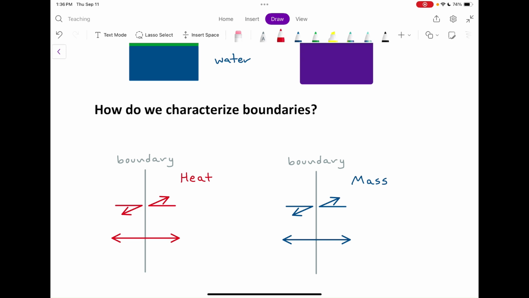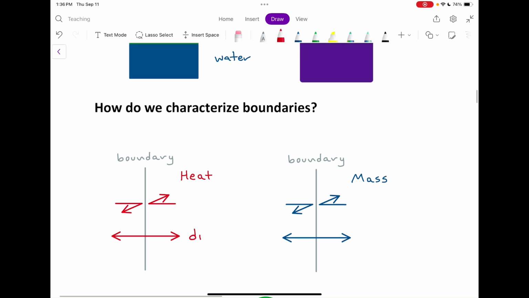And when heat transfer is permitted across the boundary, we say it's diathermal. If not, we say it's adiabatic, which you've probably heard before. And you can think of that, right? So if you had a system that's very well insulated on the outside of the boundary, then that would be adiabatic.